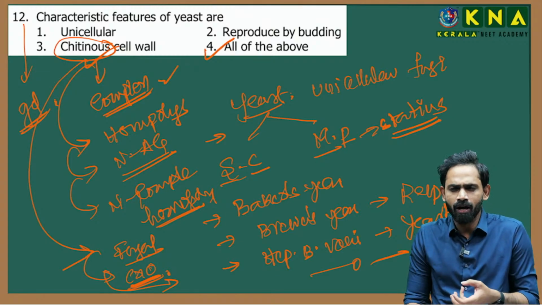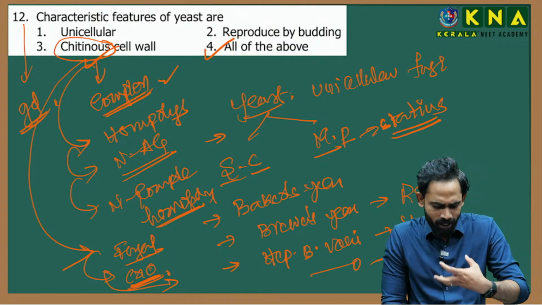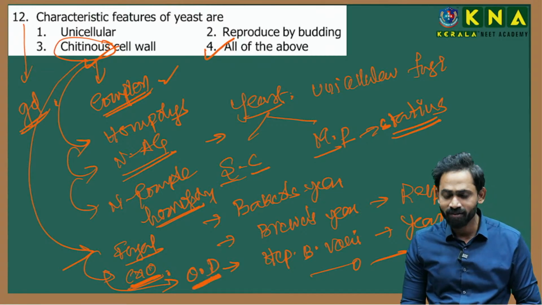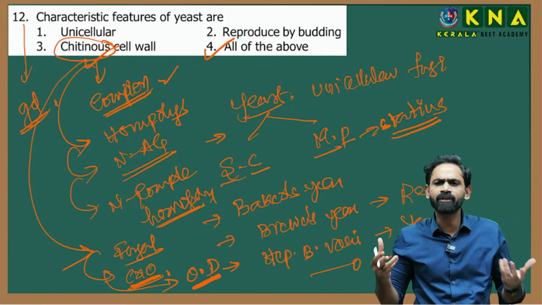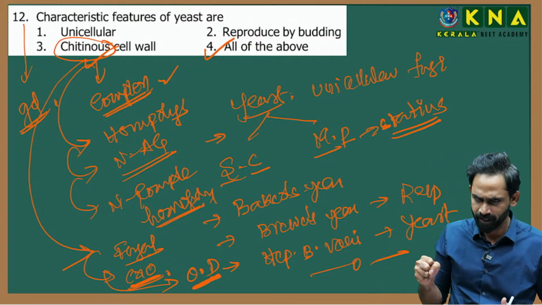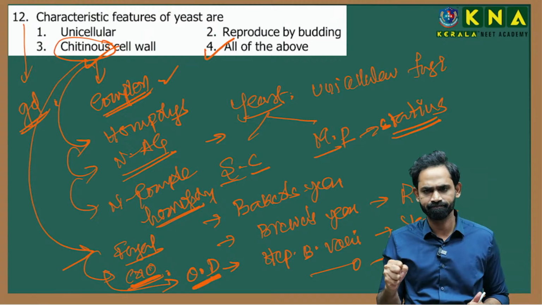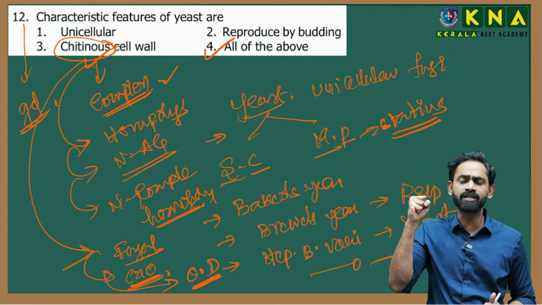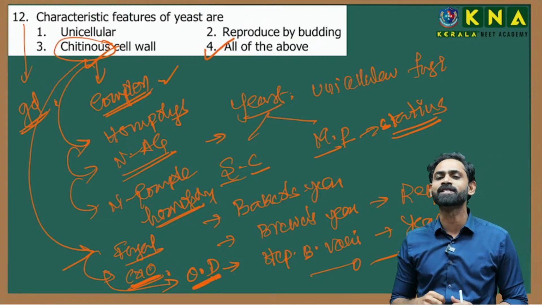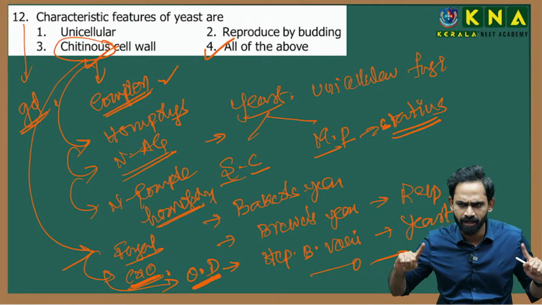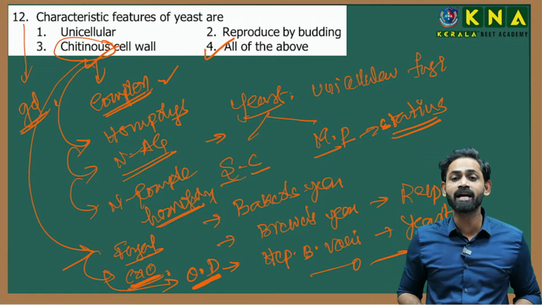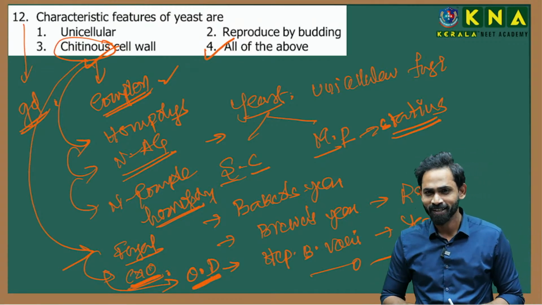If you studied, you will get it. If a soil contains chitin, it will take a long time to undergo organic decomposition. It is one of the very rare substances resistant to organic decomposition, chitin.